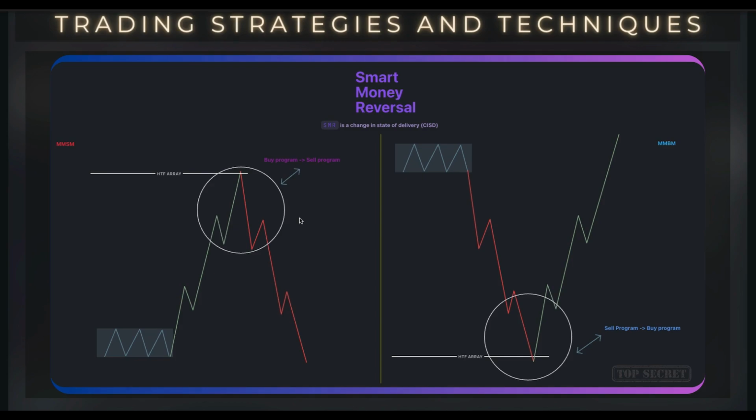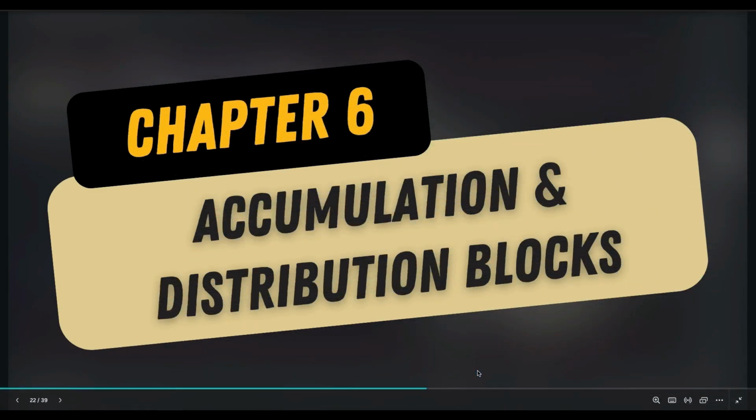I mean, you can look at Sir Pickle's channel and he's doing the same thing, right? He's going from internal resting liquidity to external resting liquidity, or external resting liquidity to internal resting liquidity. That's really all market maker models are. It's just super fancy. All right, it's way too hyped up. That's all I'm saying. Now for this chapter, we're going to talk about accumulation and distribution blocks.